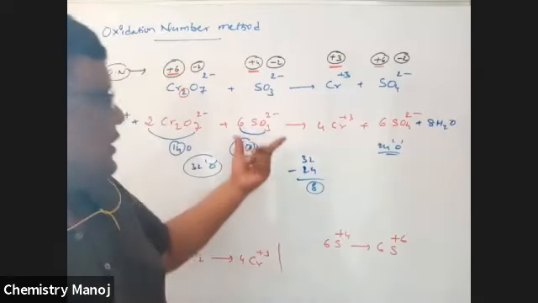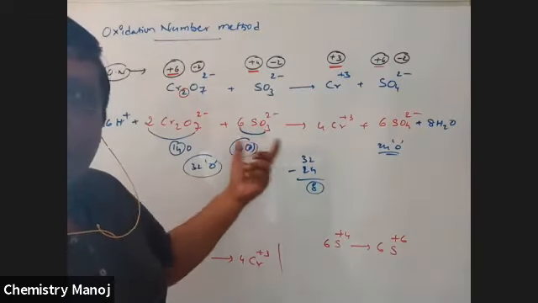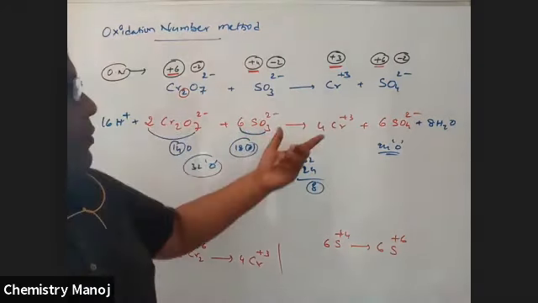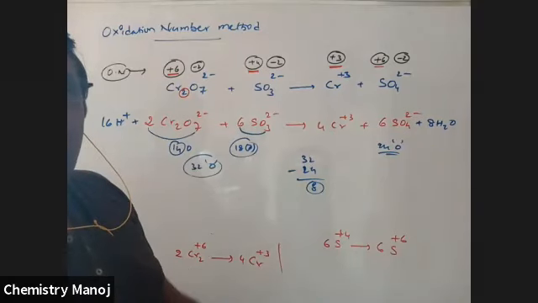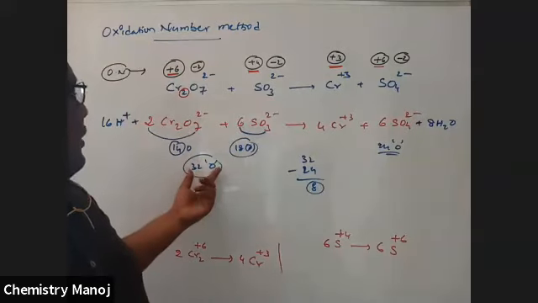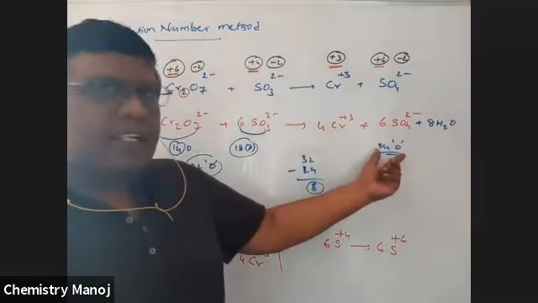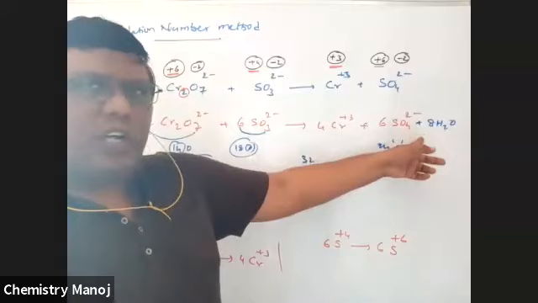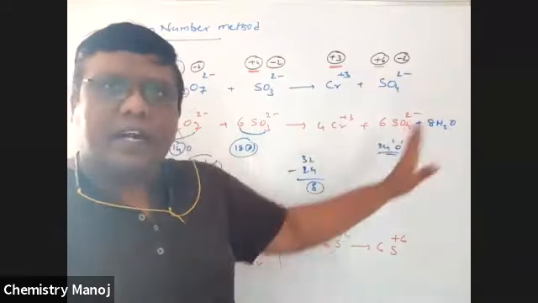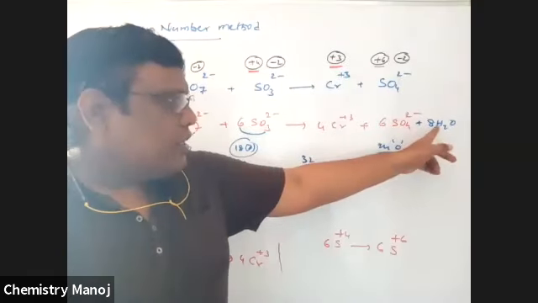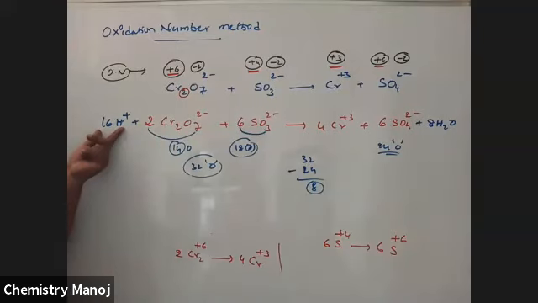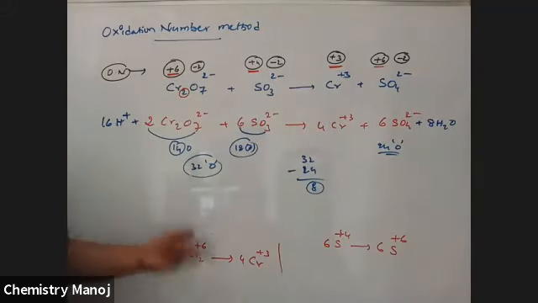Once again, check the elements which are balanced and unbalanced. Oxygen: 32 oxygens on the left side, 24 on the right side, so 8 oxygens are short. For oxygen balancing, 8 water molecules are added on the shortage side. Then there are 16 hydrogens, so 16 H plus are added because it is acidic medium.